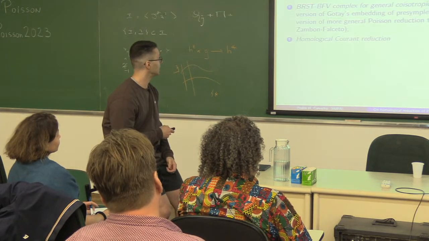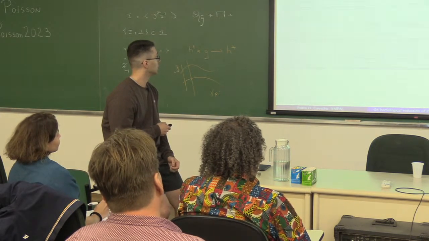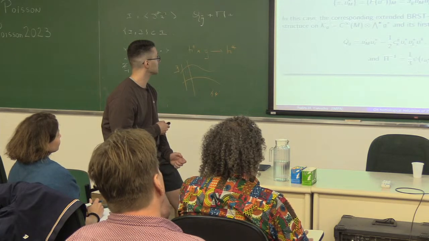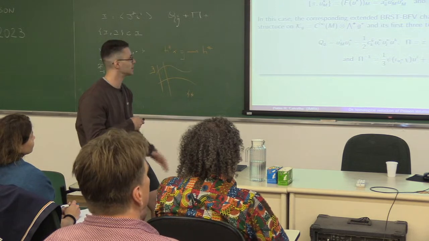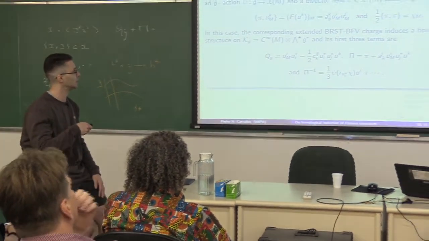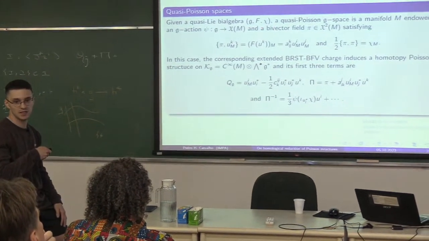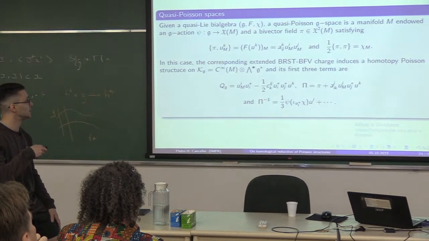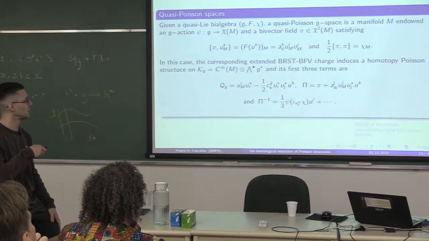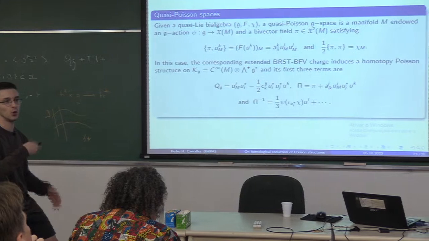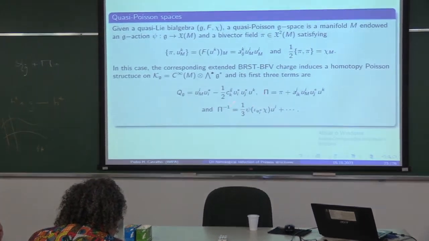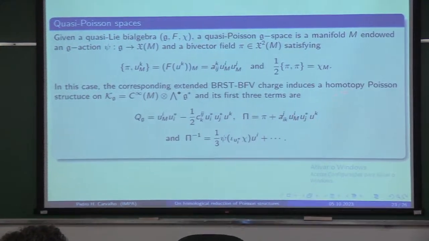Yeah, I would say that this case of quasi-Poisson spaces is somehow explicit, because this is weak Poisson in terms of this trivector. This bialgebra data is a cocycle, essentially given by the bialgebra data.